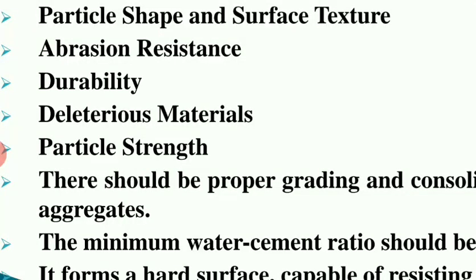The particle shape and surface texture of both coarse and fine aggregates have a significant influence on the properties of plastic concrete, because we need to choose aggregates with better interlocking property, such that whatever voids are formed can be filled by the fine aggregate, right? So we need to choose the better particle shape of the aggregates that we are going to consider in the road construction of cement concrete.